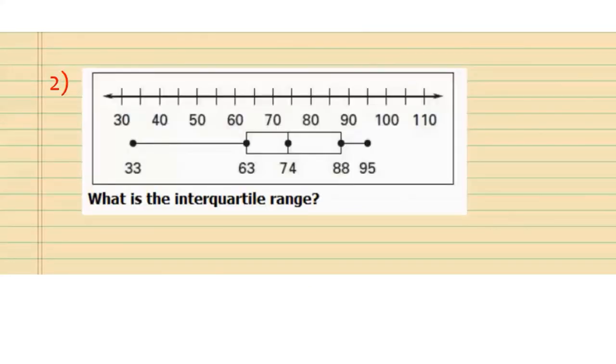Here's our second U-try. A range was the difference between upper extreme and lower extreme. Inner quartile range is the difference between upper quartile and lower quartile. Inner quartile range.